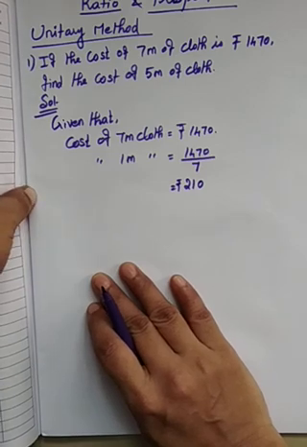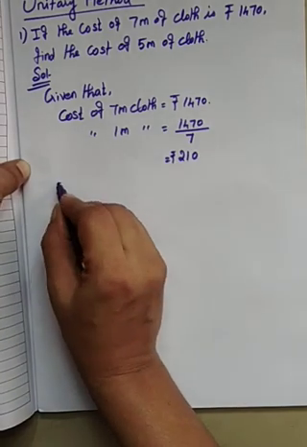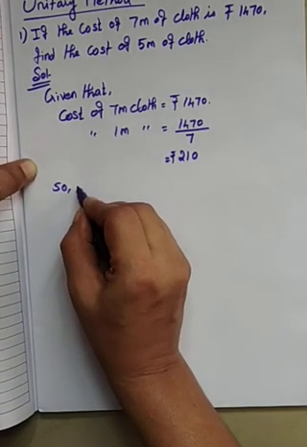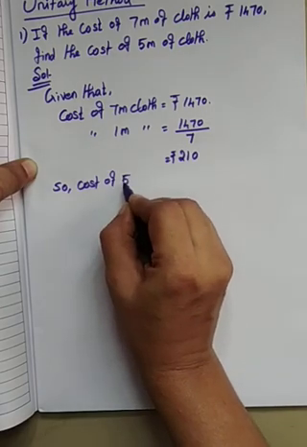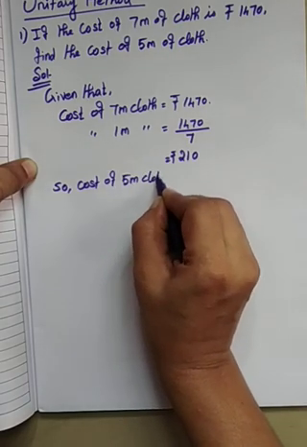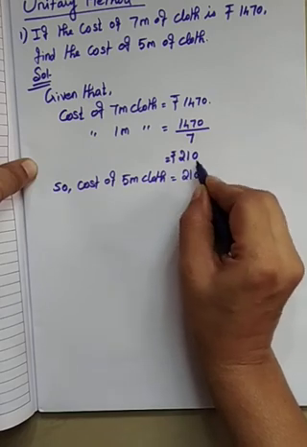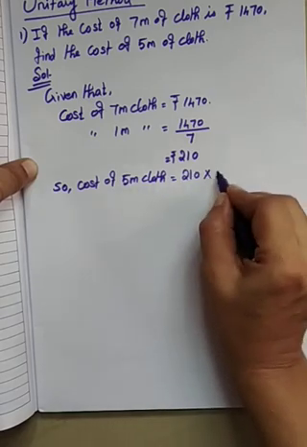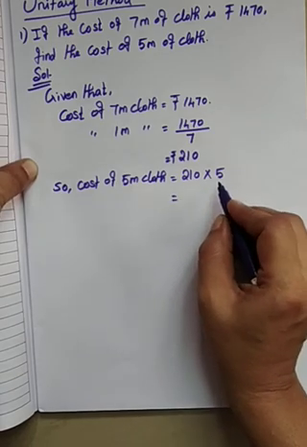Now we have to find the cost of 5 meter of cloth. So cost of 5 meter cloth is equal to 210 into 5. Now multiplying, this is the answer.